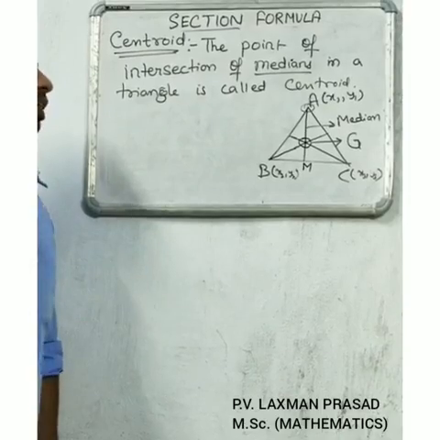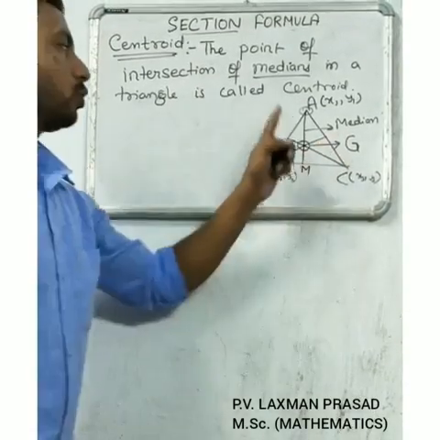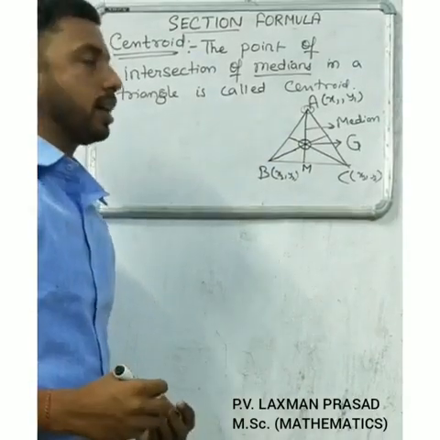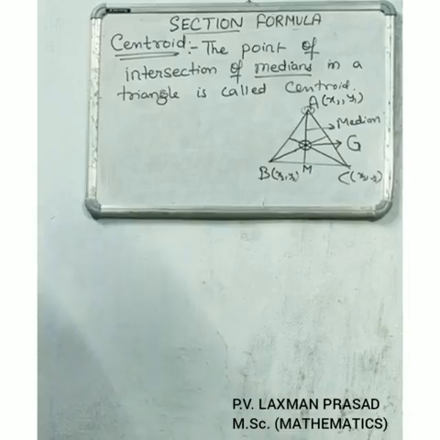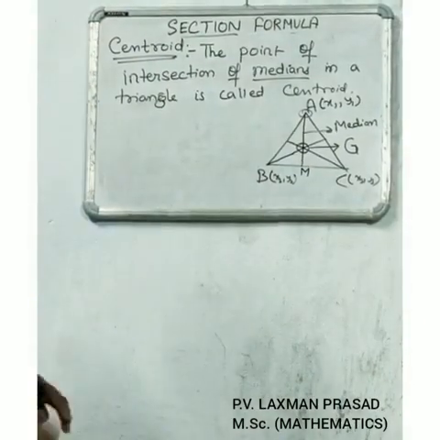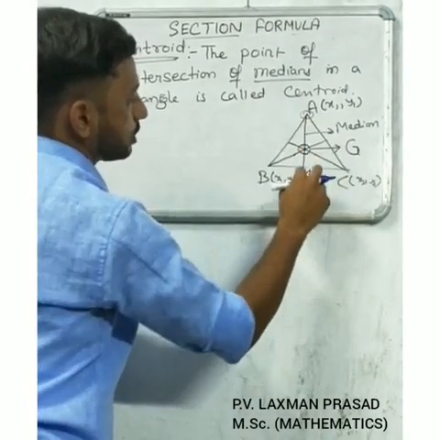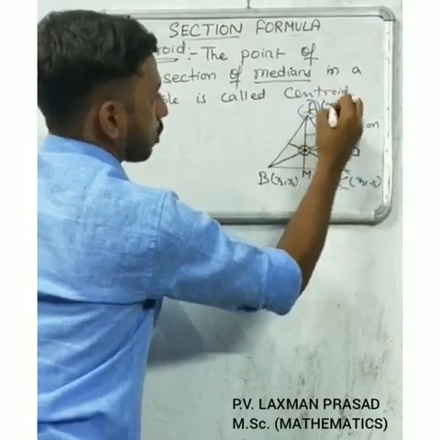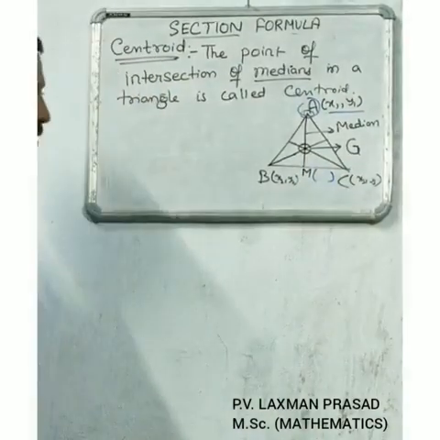So we will prove the formula to find the centroid of a triangle if we are given all the three vertices in coordinate form. Before I move on, I want you to know that a centroid G divides, see, A has a coordinate of x1, y1, M should also have a coordinate, right?